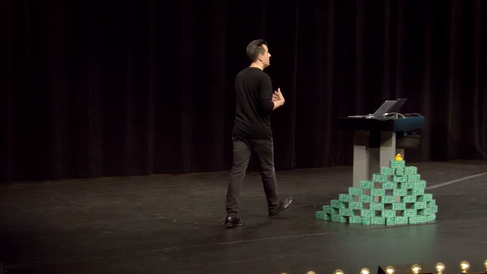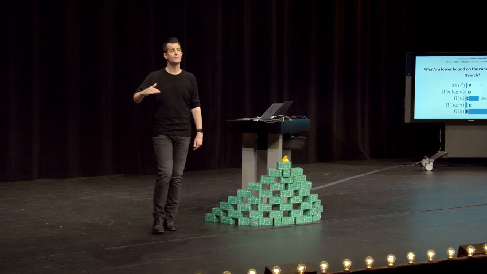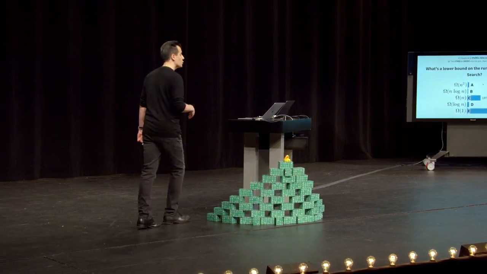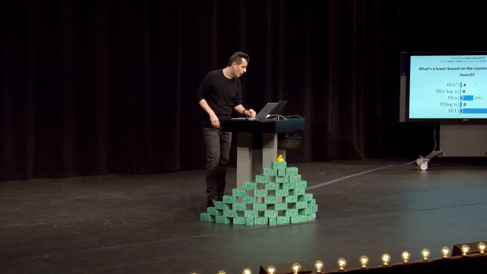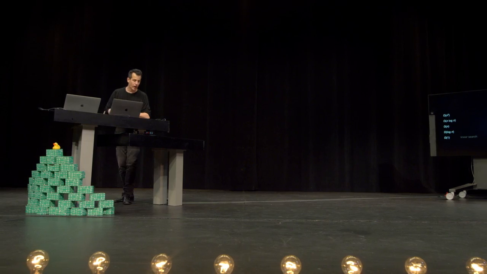You might just get lucky, and the number you're looking for might be at the very first door. So the lower bound, in the best case, if you will, of linear search might very well be omega of 1 for exactly that reason: you have to get lucky, and the element might be there at the beginning. So that's pretty good. We really can't do any better than that. So we have this range now of a lower bound from omega of 1 on up to big O of n being an upper bound on the running time of linear search.